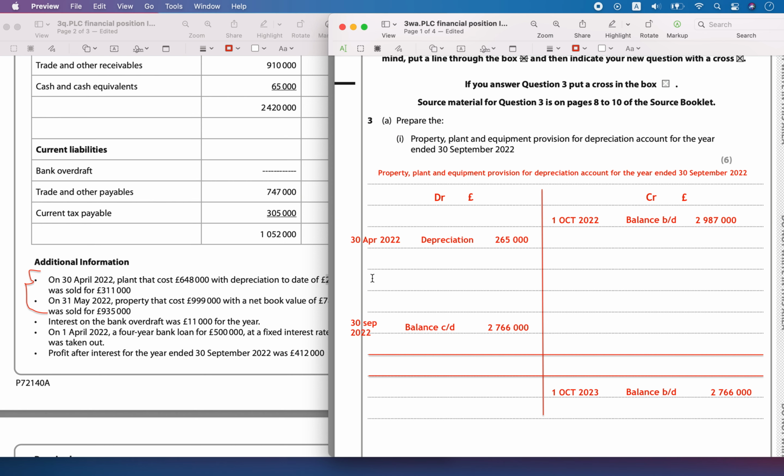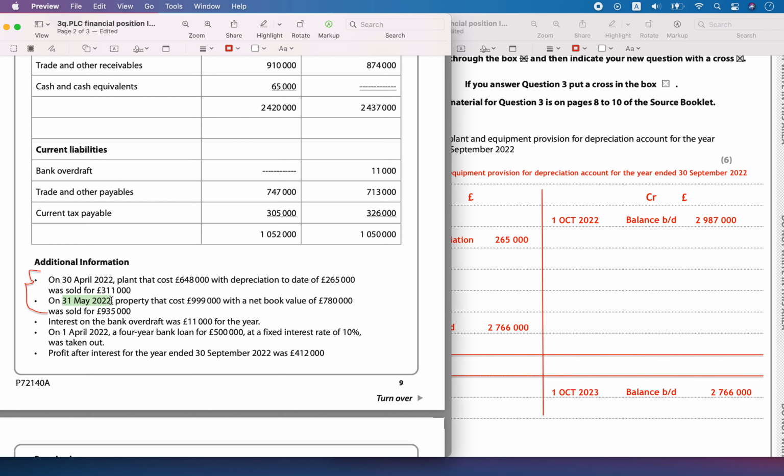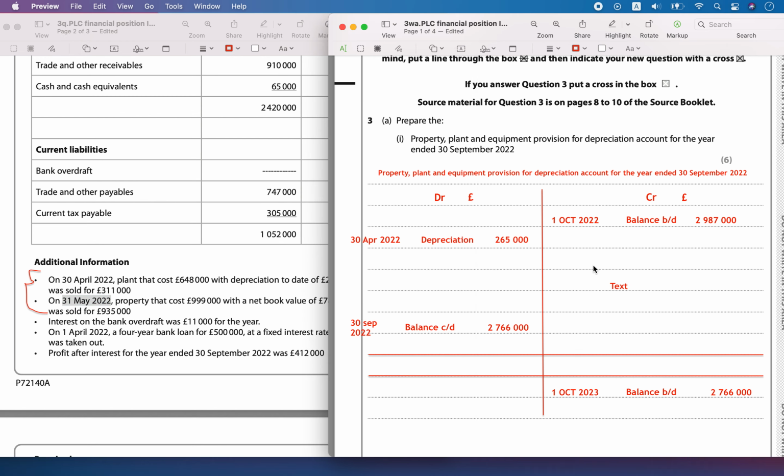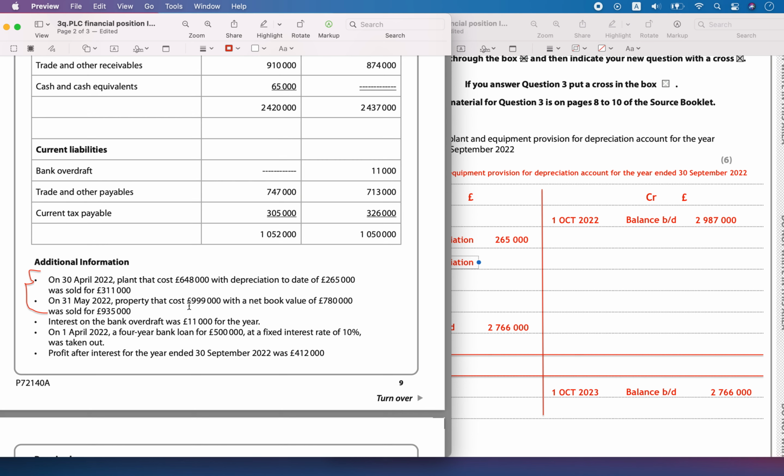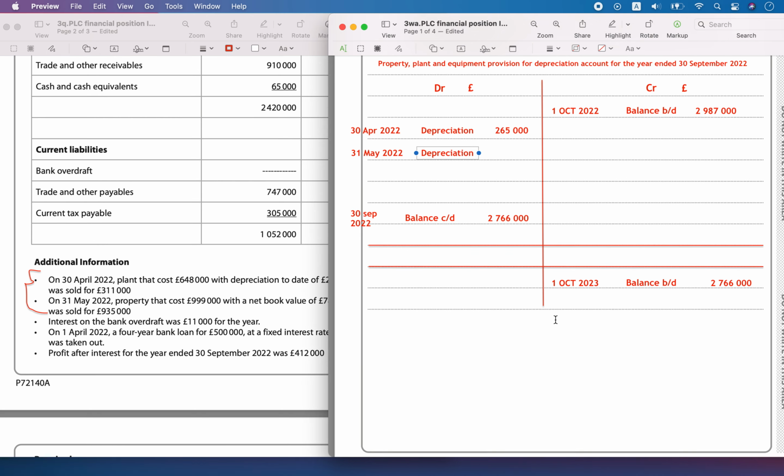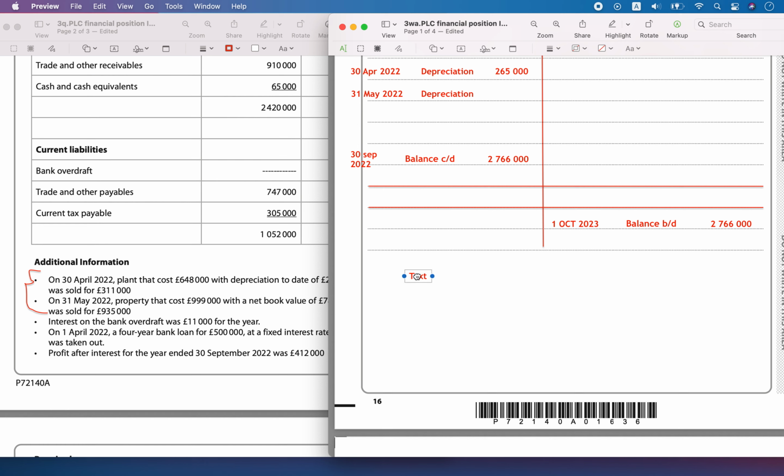Now the next one, on 30th May 2022. We have to calculate the accumulated depreciation for the equipment that was sold. The general formula you should know is that the net book value of any equipment or property is equal to the cost minus its accumulated depreciation.